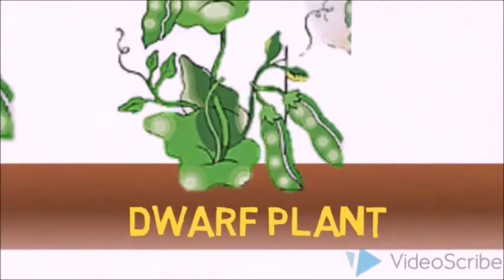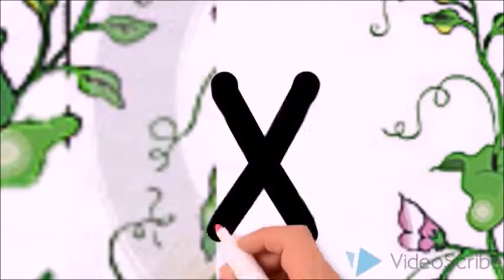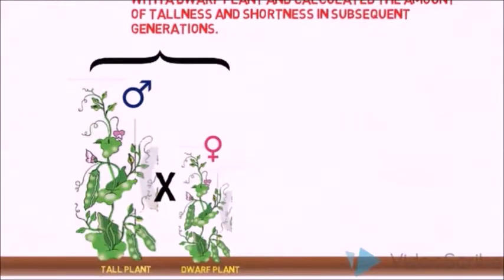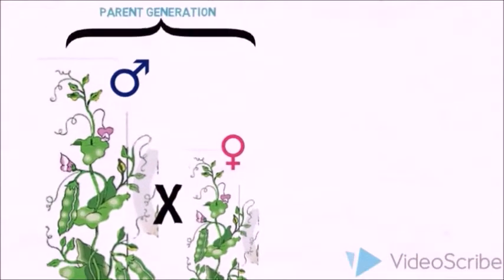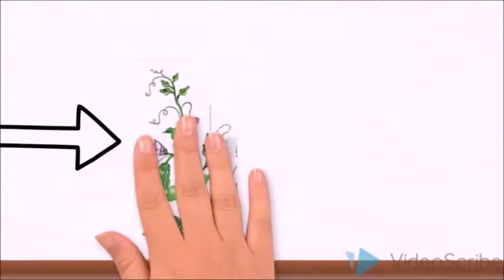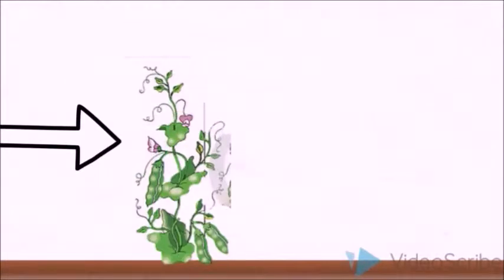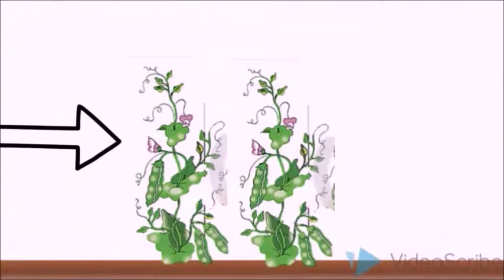The two plants with contrasting traits were allowed to reproduce. The progeny of the parental plants included only tall plants. This meant that only one of the parental traits was seen and not a mixture of the two.